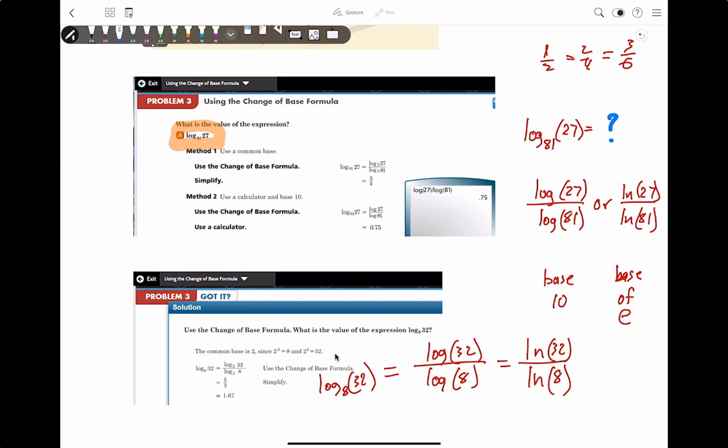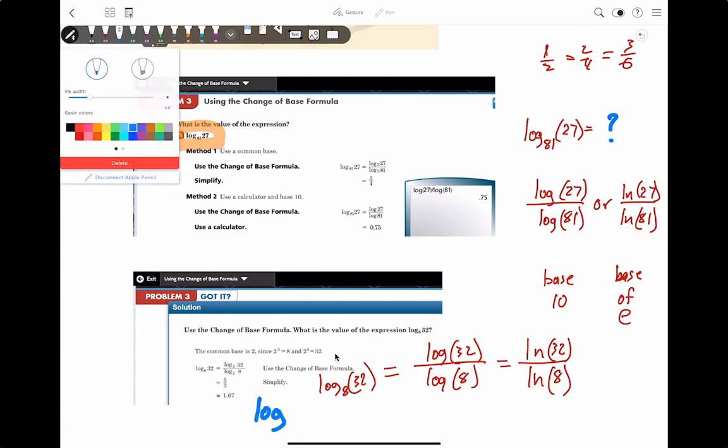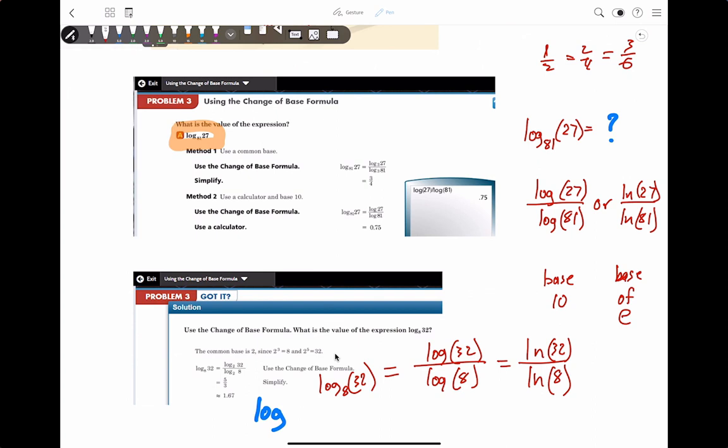And real quick, just for extra practice, I'm going to show that log base 8 of 32 is equal to, let's say, x. We don't know what it's equal to. Just for the sake of practice, I'm going to do the reverse method to get 8 to the power of x is equal to 32 to the power of 1.